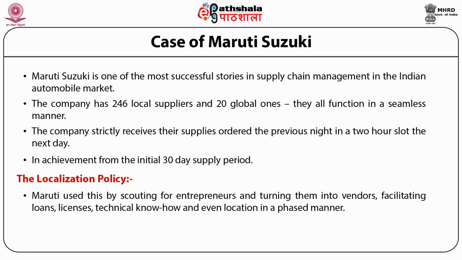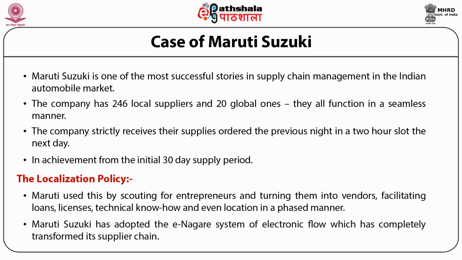The company had adopted the Japanese just-in-time system to achieve higher operational efficiencies and reduce inventory carrying cost. Maruti Suzuki has adopted the e-Nagare system of electronic flow, which has completely transformed its supply chain.